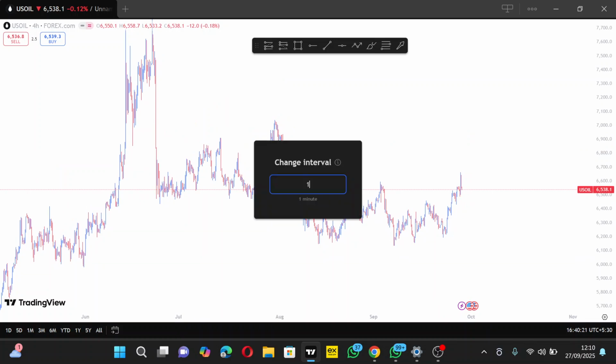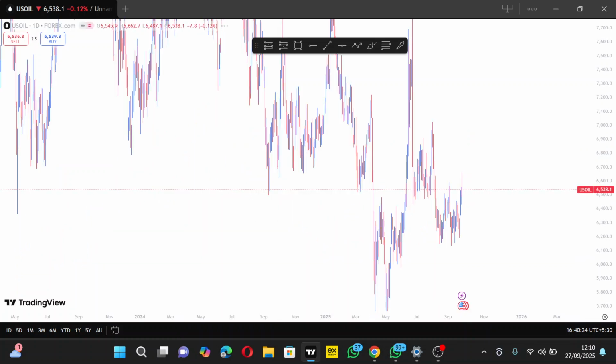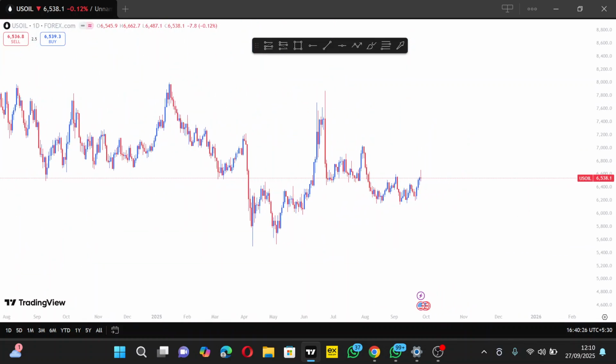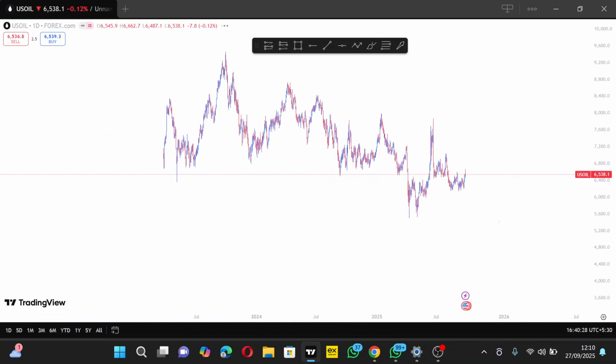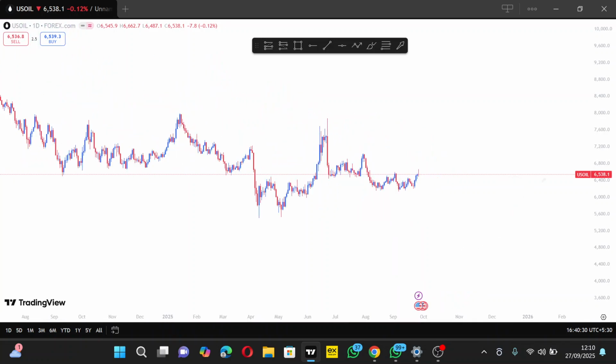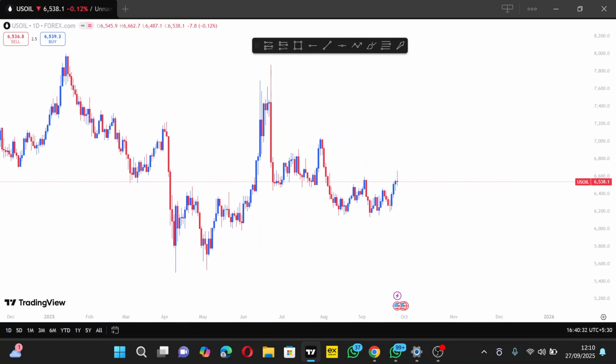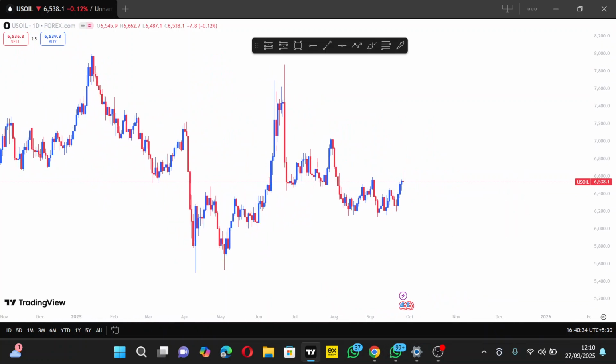Let's go to daily time frame. US oil is bearish for the longer run, but for now you need to be bullish.